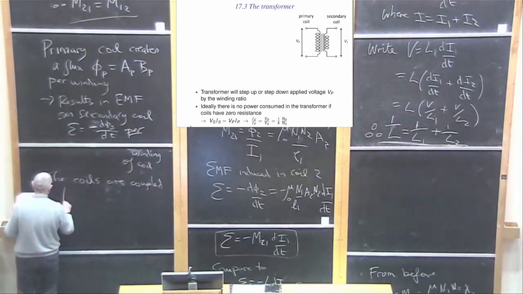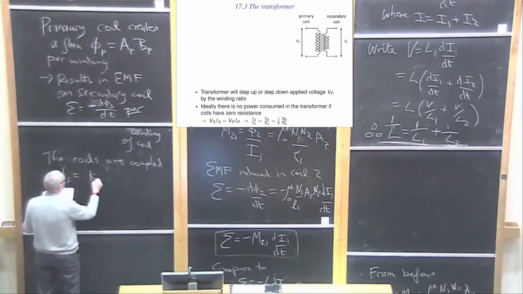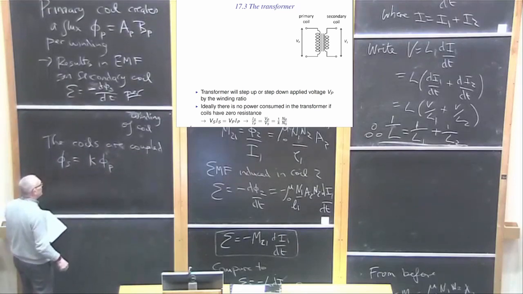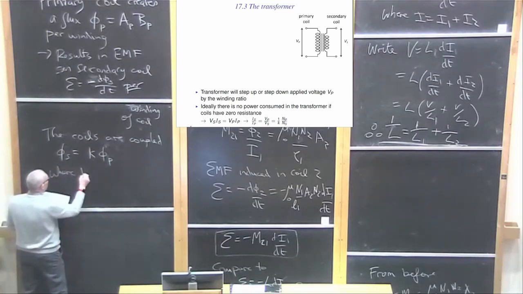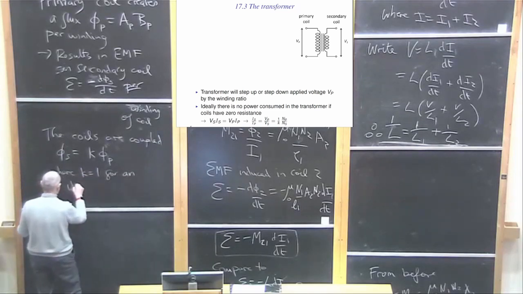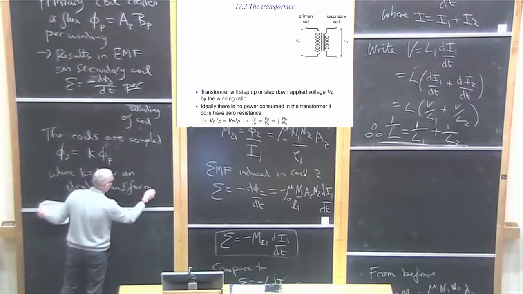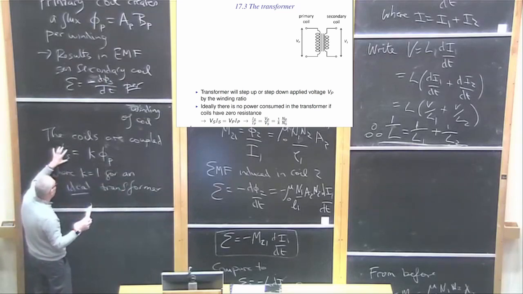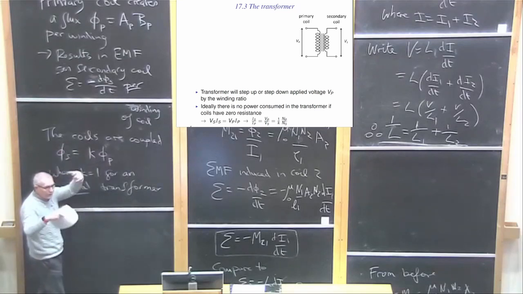So the flux in the secondary is the coupling constant K times the flux in the primary, where K equals 1 for an ideal transformer. This is just like saying if you've got a perfect transformer, perfect linkages, the flux in the first coil is exactly equal to the flux in the second.